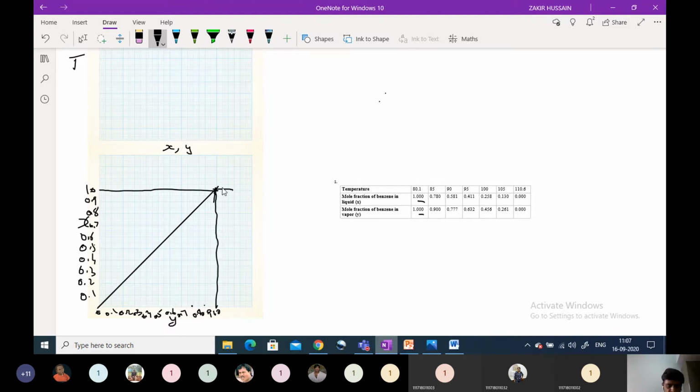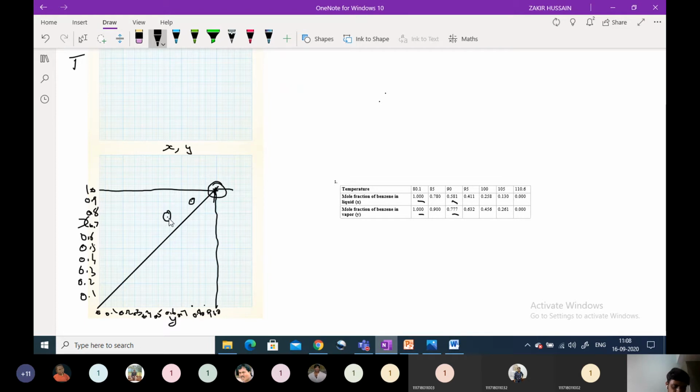First value is 1 and 1, so the 1 and 1 value will come around this region, and next x is 0.78 and y is 0.9. 0.9 is this one, and 0.78 will come here. Then the next point is 0.581, 0.77. This is 0.58 and 0.77.